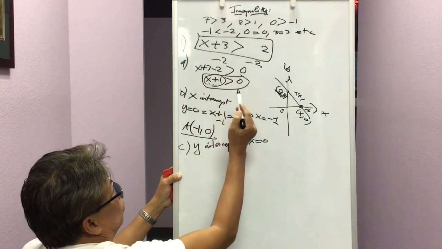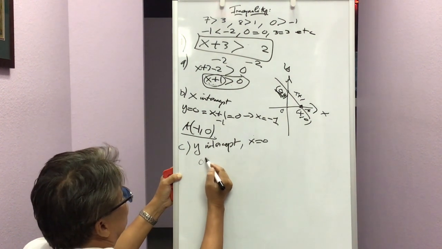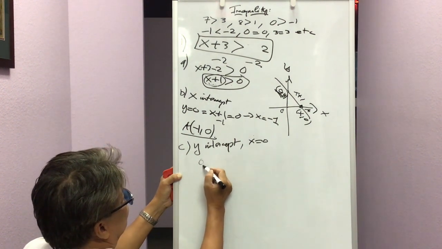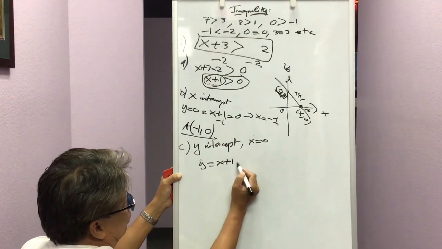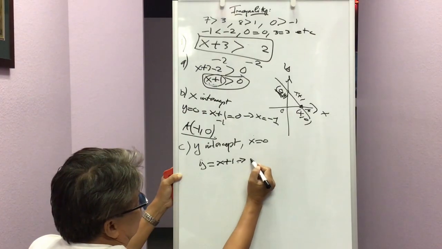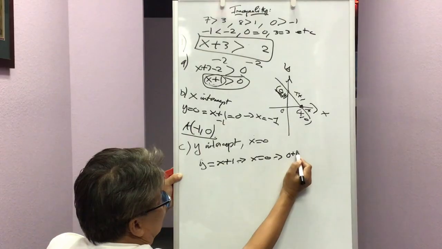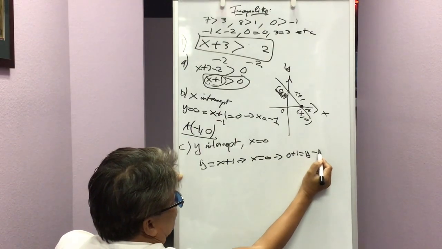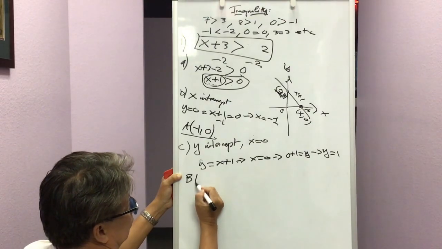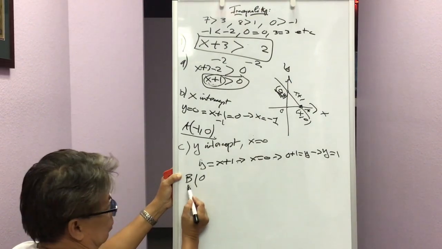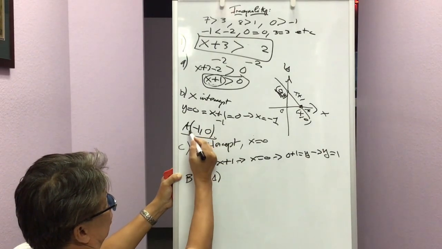So y equals x plus 1, and when x equals 0, 0 plus 1 equals y, so y equals 1. So the y-intercept point is x equal 0, y equal 1. So we have 2 points here.